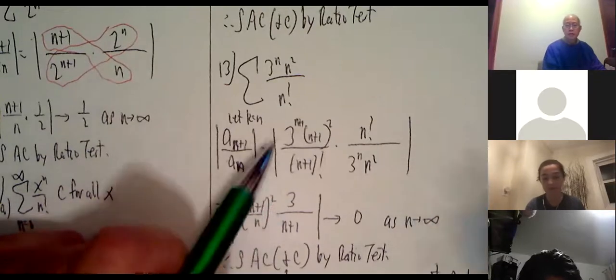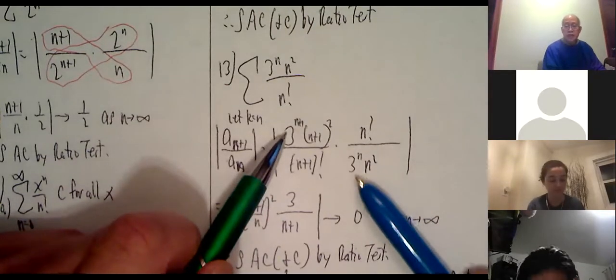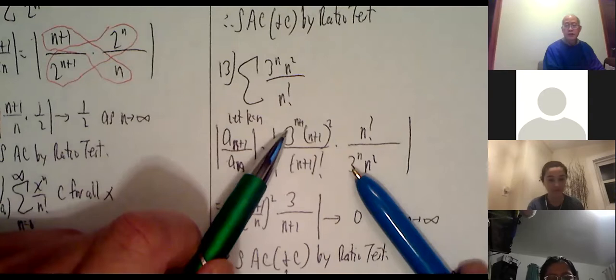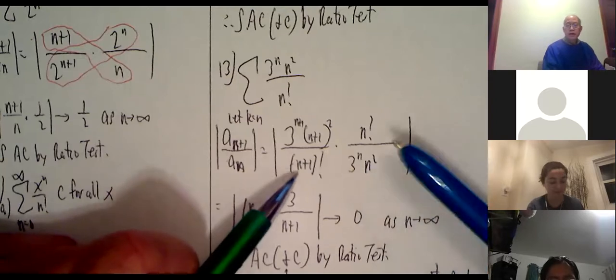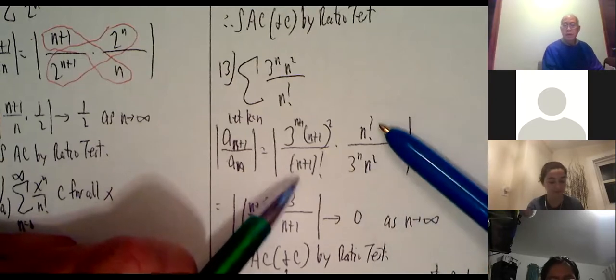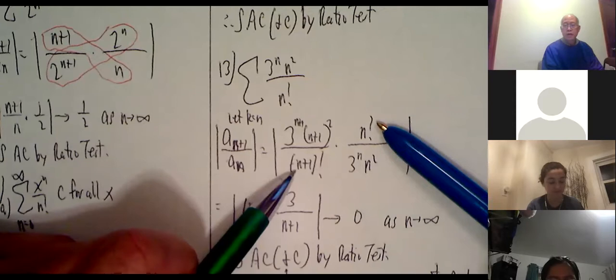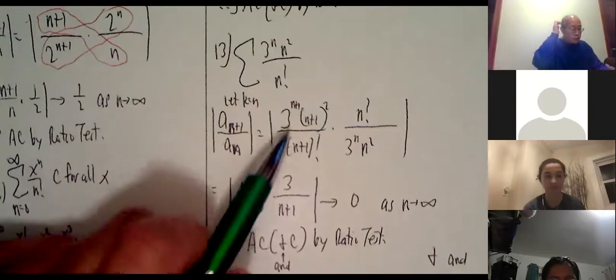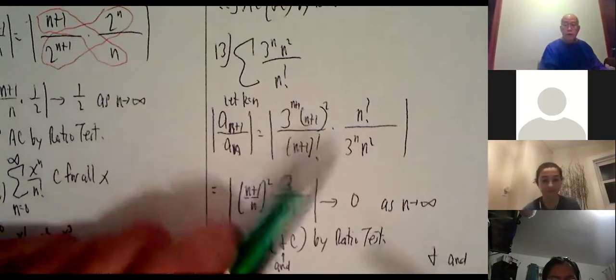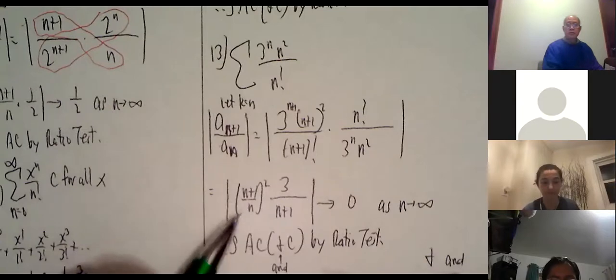And once again, look for things that are similar. 3 to the n plus 1 divided by 3 to the n, 3. And we've seen this quite a bit now. N factorial on top, n plus 1 factorial on the bottom, n plus 1 on the bottom. N plus 1 squared over n squared, you can write as n plus 1 over n squared.